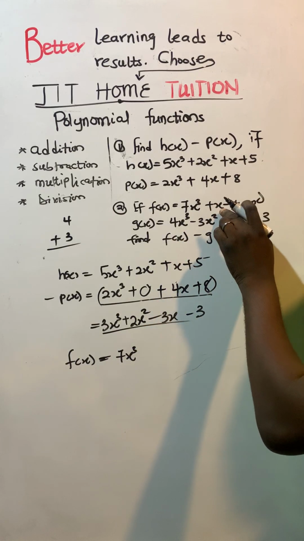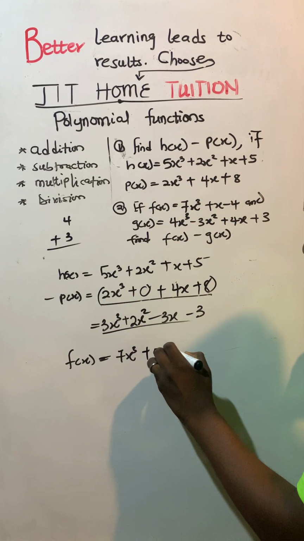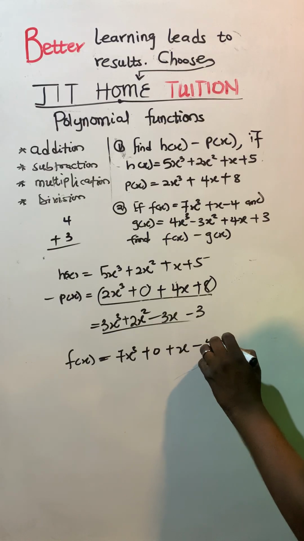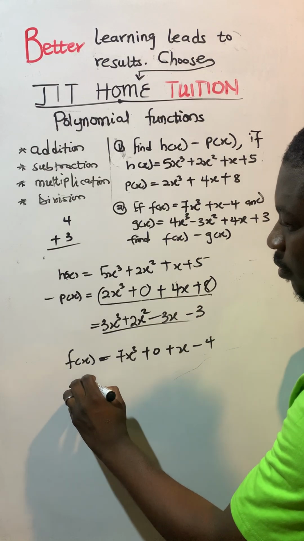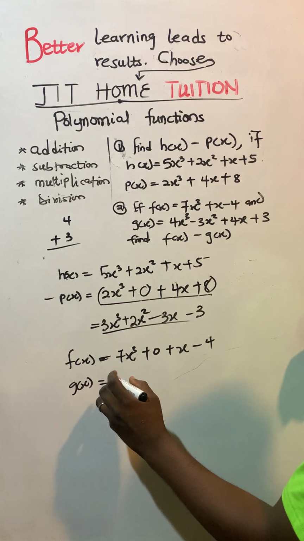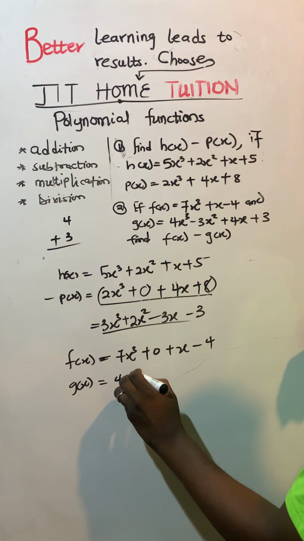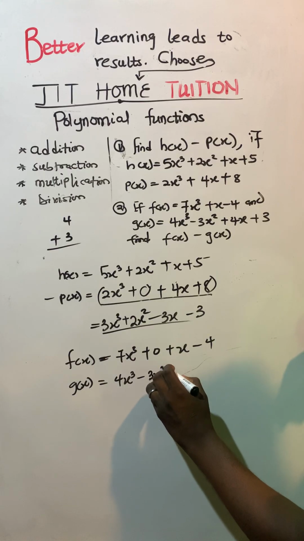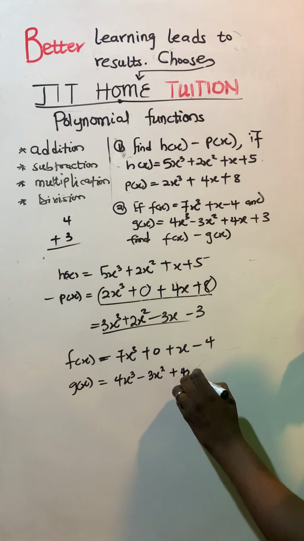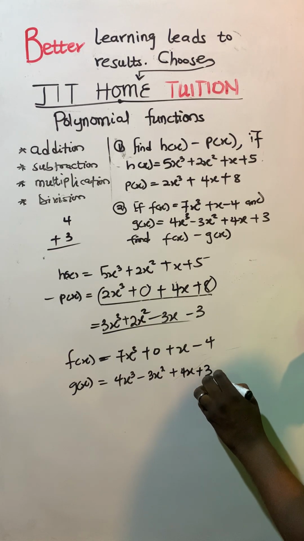From x cubed, realize that there's no x squared, so you can put 0 over here plus x minus 4. Then you have g of x. That one too is also 4x cubed. For that one, there's x squared, so you have minus 3x squared plus 4x plus 3.